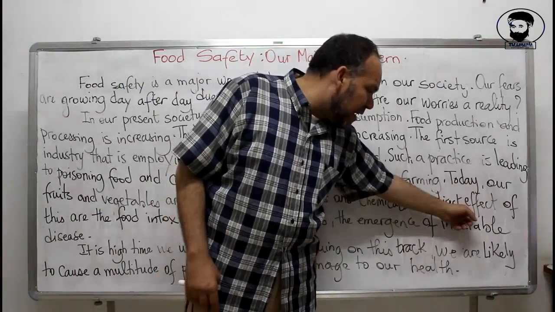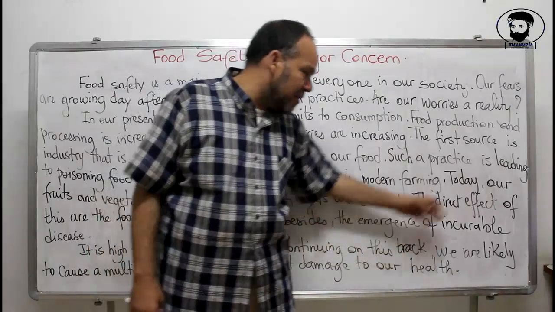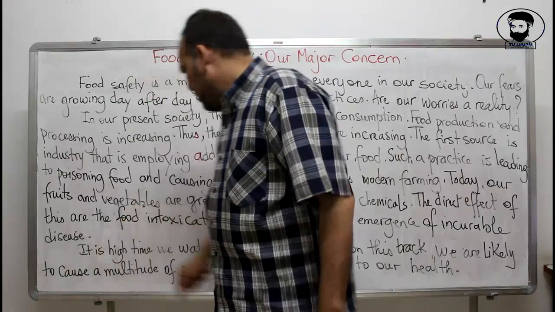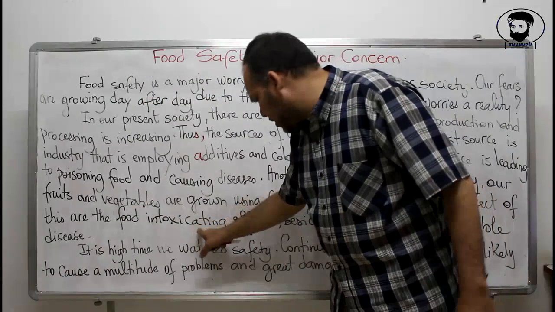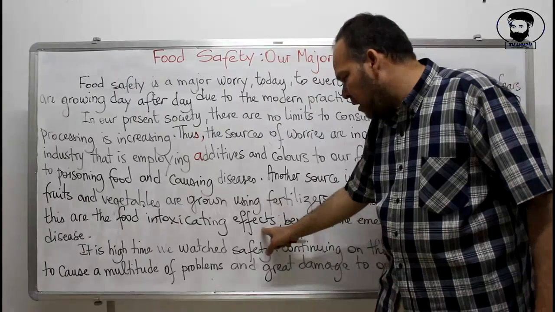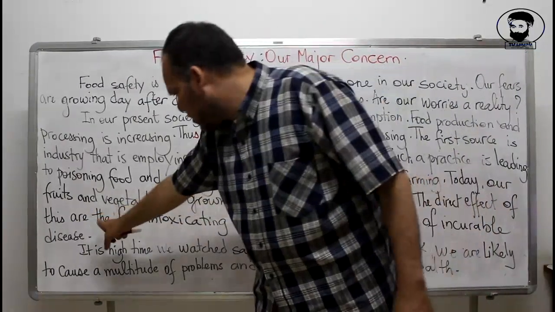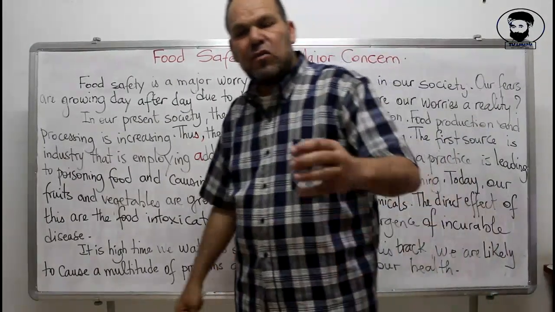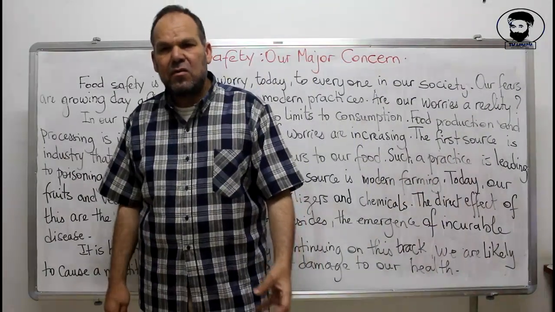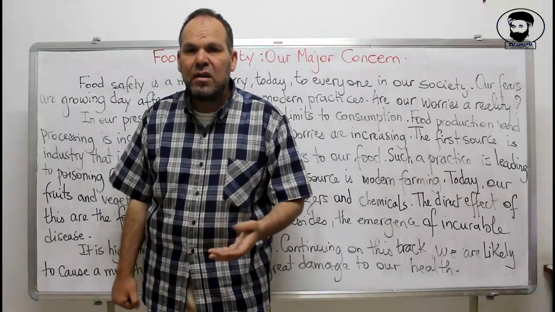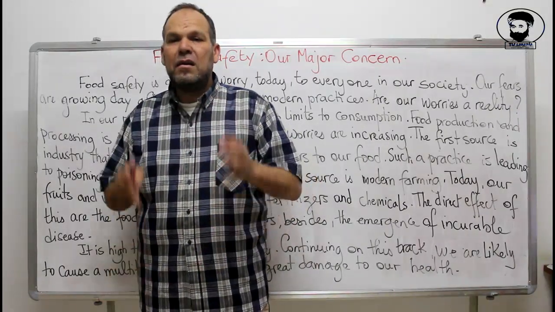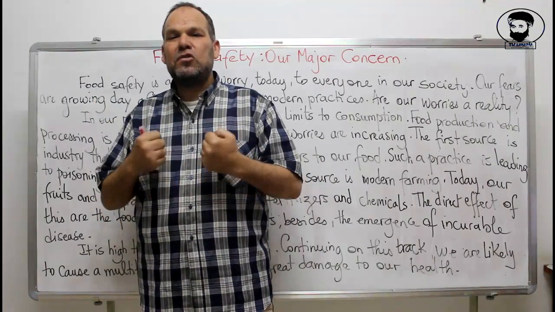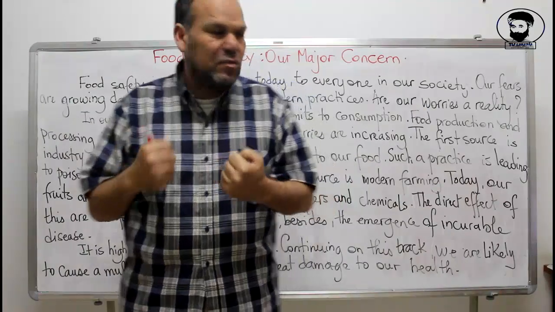The direct effect of this are the food intoxicating effects. Now, when you use chemicals on the plant, or the fruit, or the vegetable, you are indirectly intoxicating this product and causing a product which is not natural, which is not safe to consume.